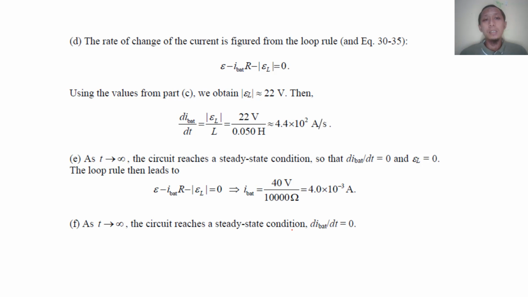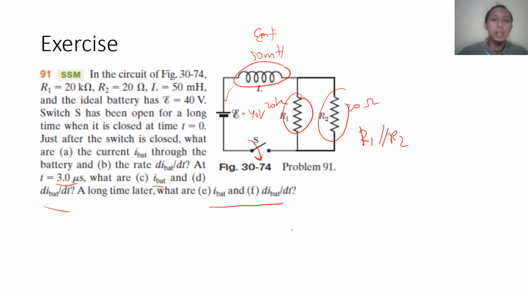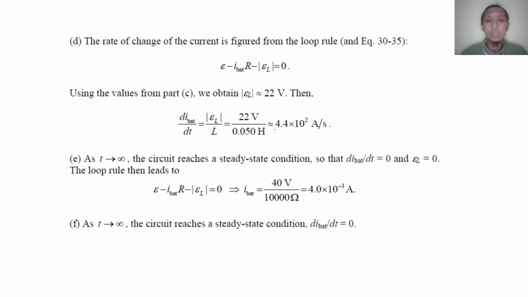And then the rate of change of the current, using the figure like this one. We get the loop like this, so we get E minus... I will draw it again. This is the circuit before, and this is the R parallel of R1 and R2. This is the current I_bat, and this is the E_L. E_L is the EMF of the inductor.